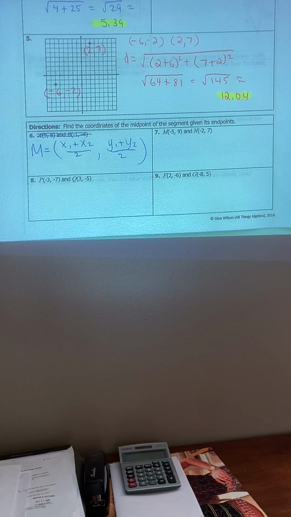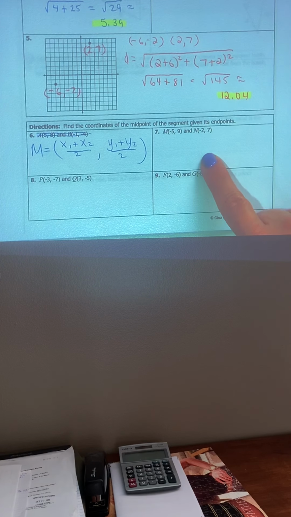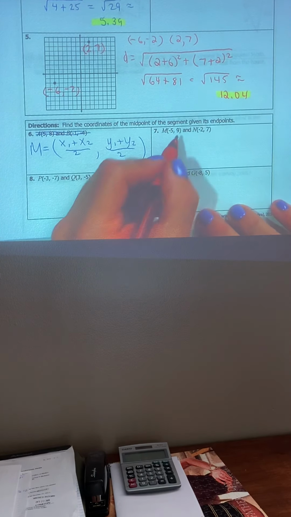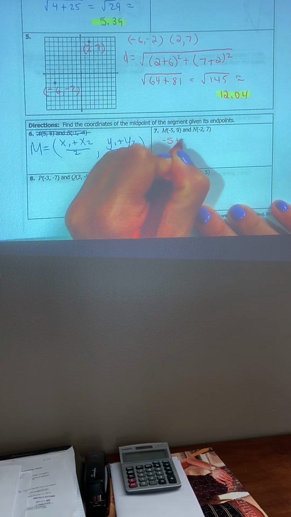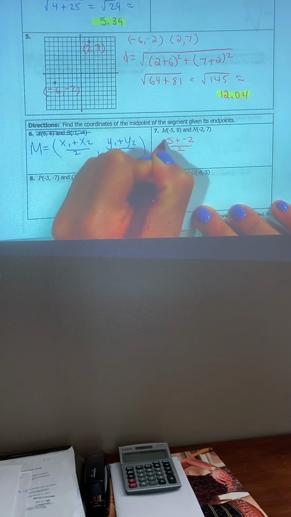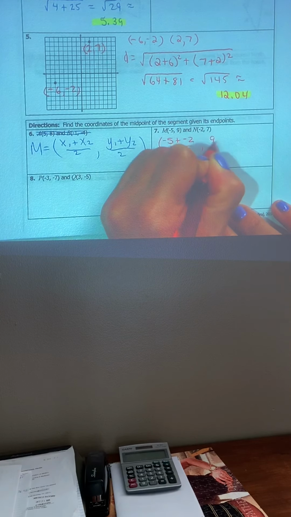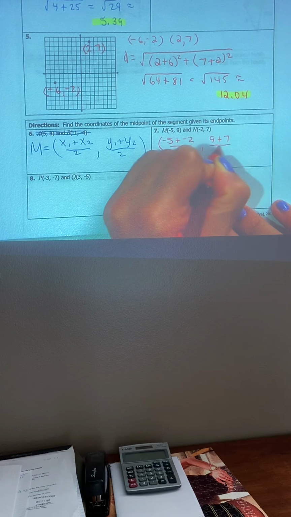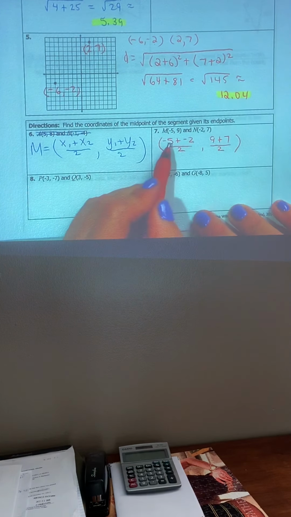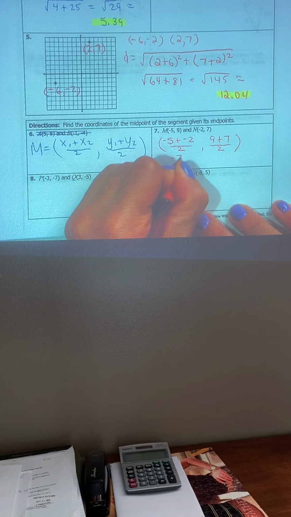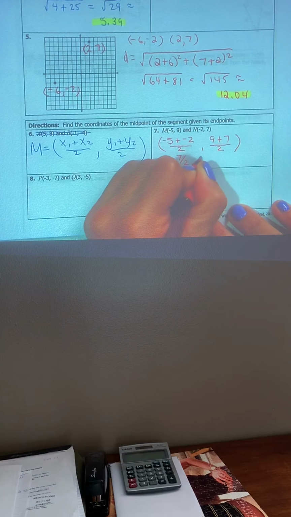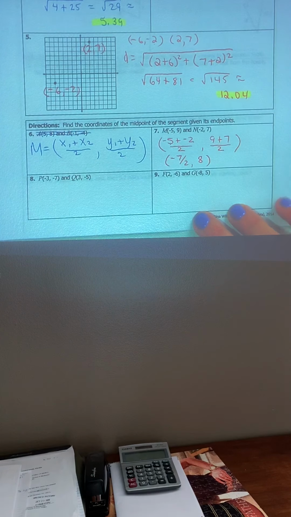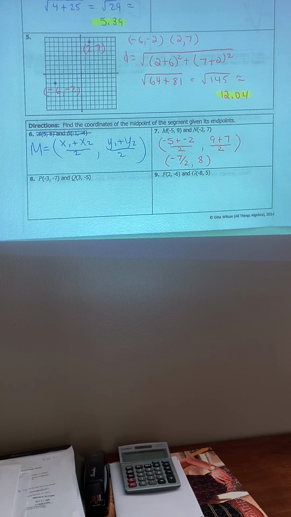Let's do this problem. x1 plus x2 over 2, y1 plus y2 over 2. The only difference here, -5 and -2 is -7 over 2. 16 over 2 is 8. Okay, you can leave it as -7 over 2, or you can put it as -3.5.